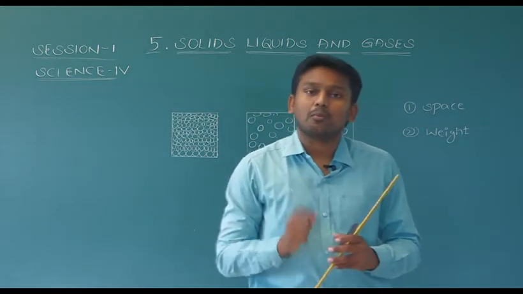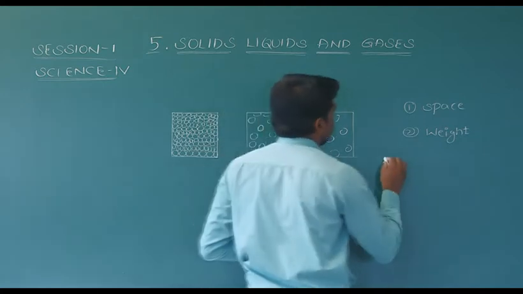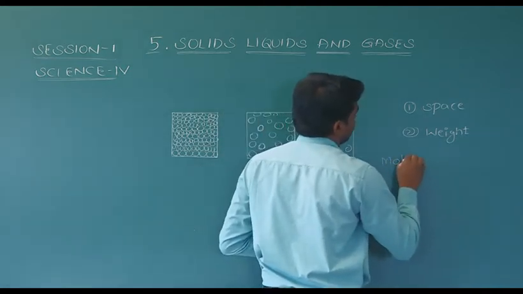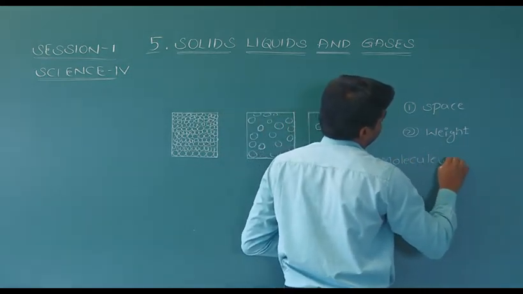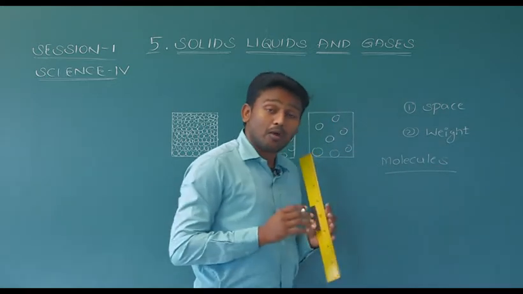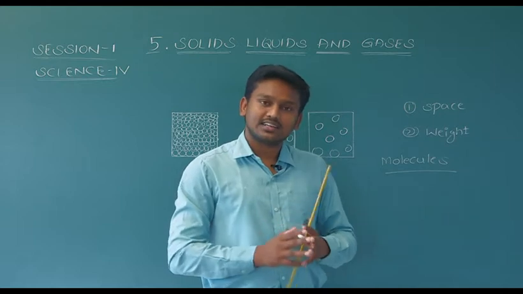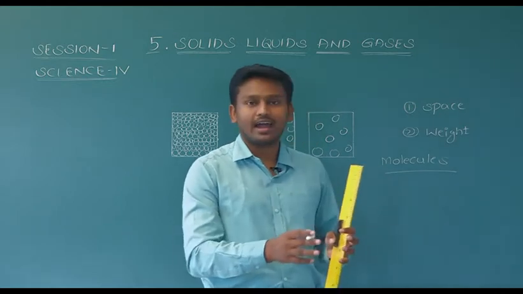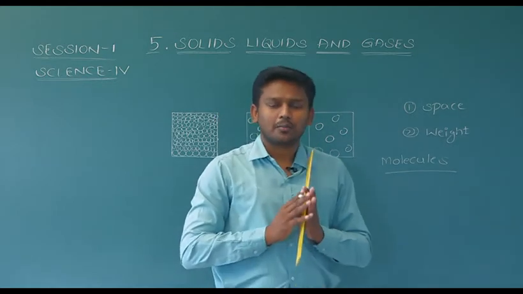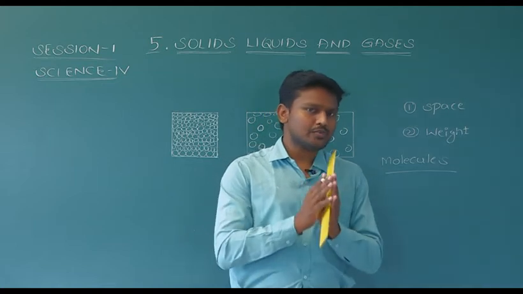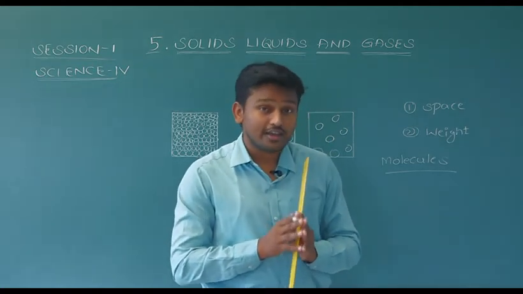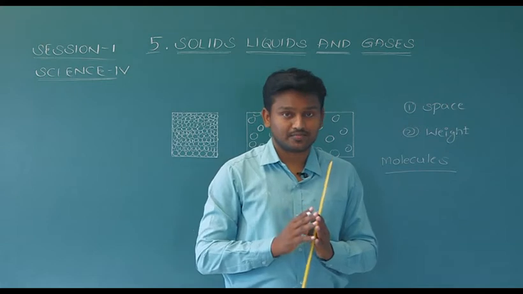What are they? Molecules. So, molecules are present in every state of matter, either solid, liquid or gas. But remember, the arrangement of the molecules gives the state of matter.